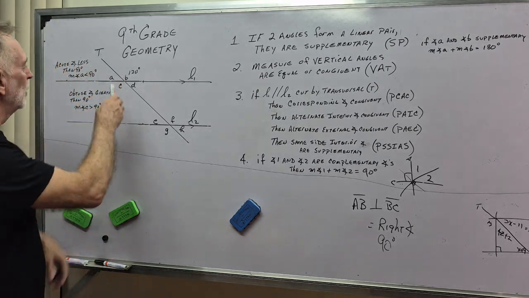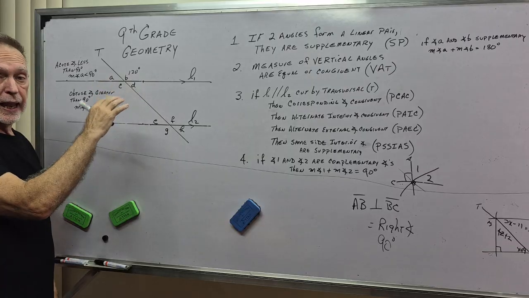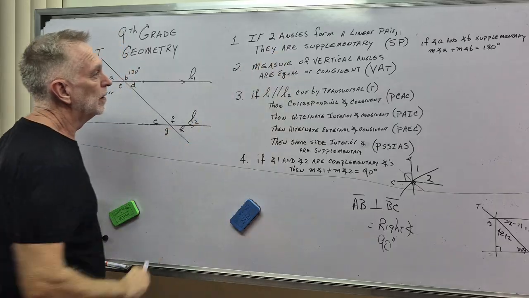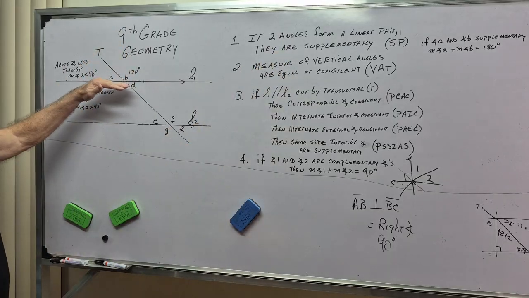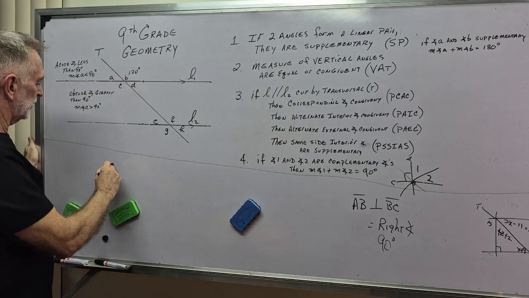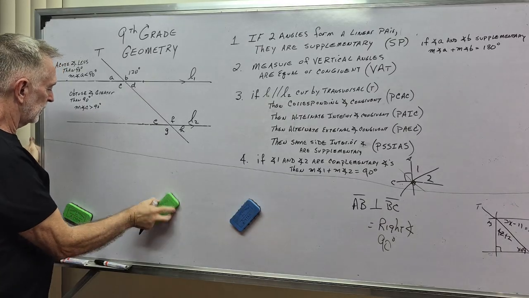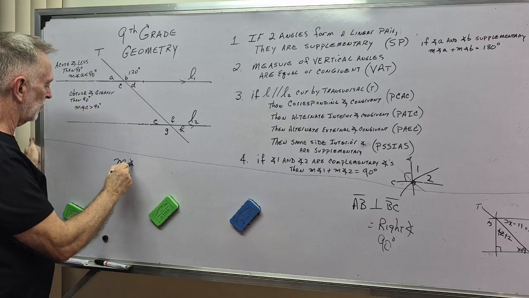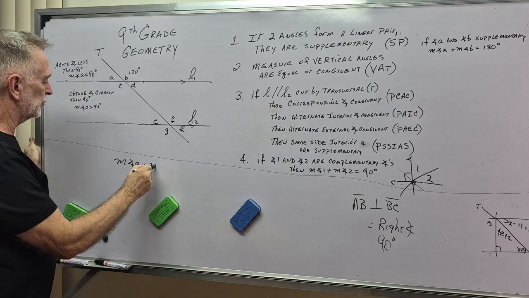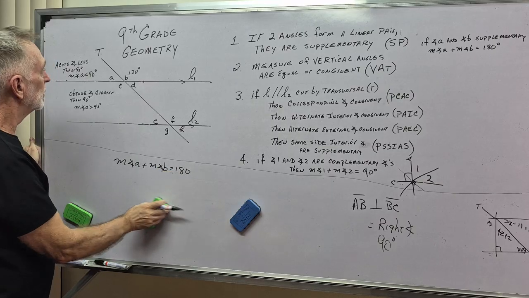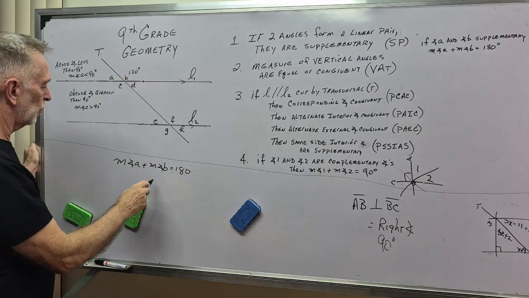Okay, we know angle A and B form a linear pair. So what does that tell me? It says the measure of angle A plus the measure of angle B equals 180 degrees. Well, angle B was 120.